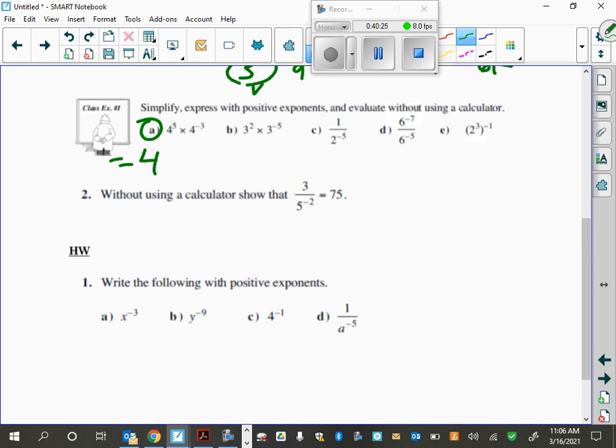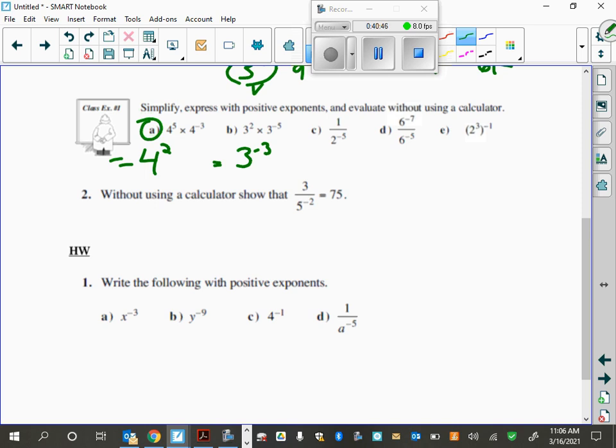Add exponents. Bam. Good job. B. Let's do that together. Add exponents. Good job. C.